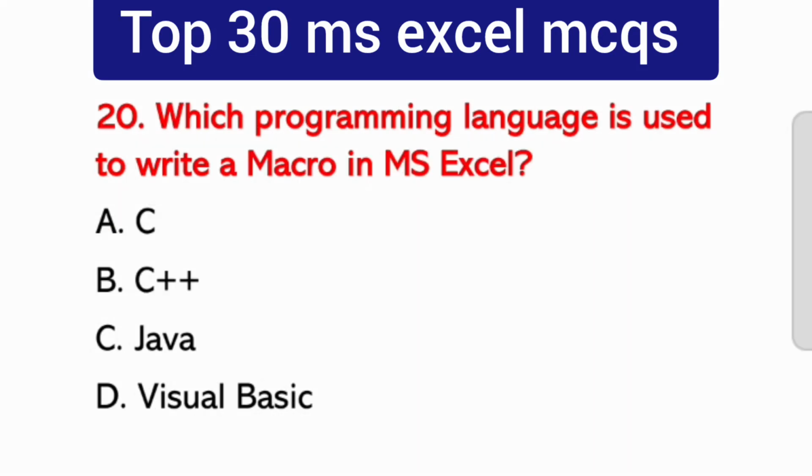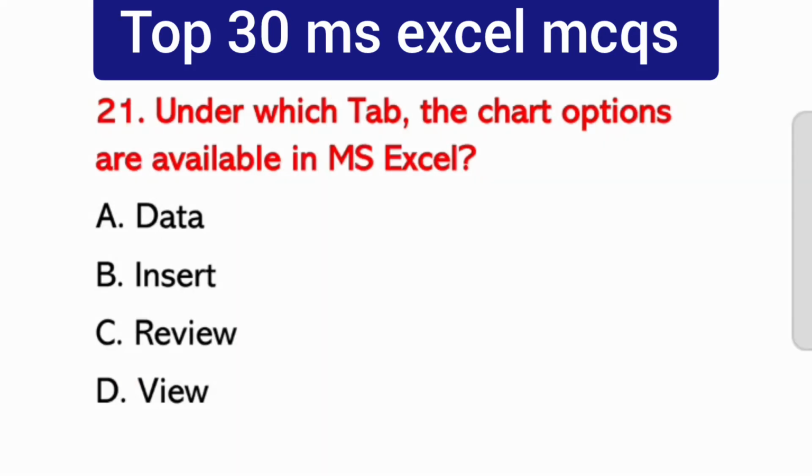Which programming language is used to write a macro in MS Excel? Options: C, C++, Java, Visual Basic. Correct answer: Visual Basic. Under which tab the chart options are available in MS Excel?